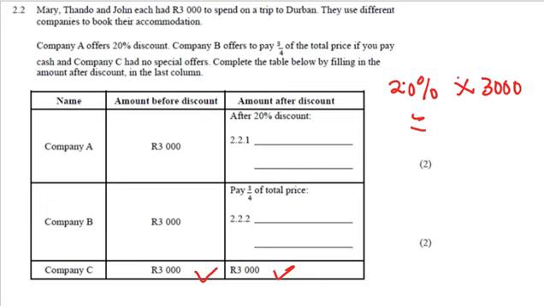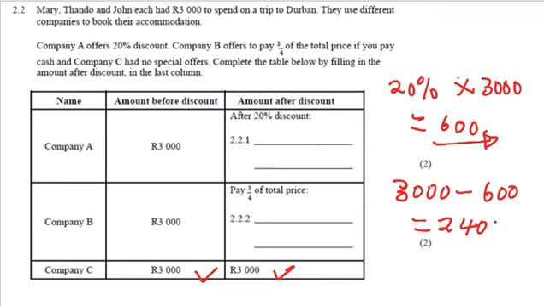Check it on the calculator. 600 is the amount of the discount, but the amount after discount is going to be 3,000 minus the discount, so 3,000 minus 600, which is going to give us 2,400.